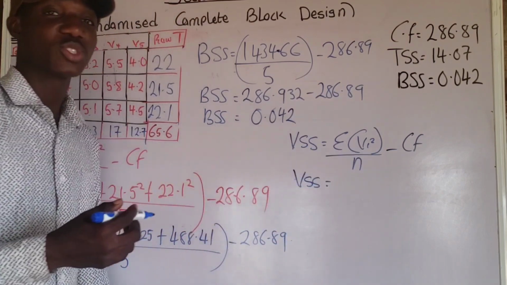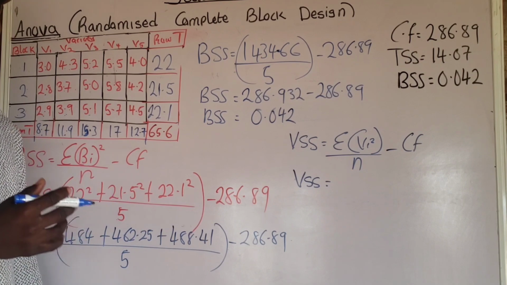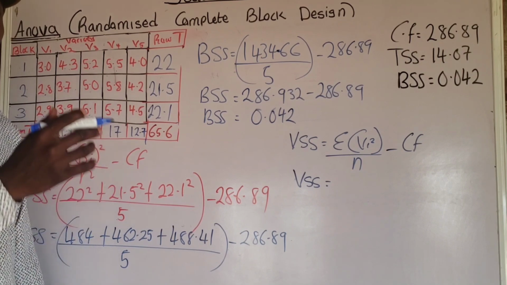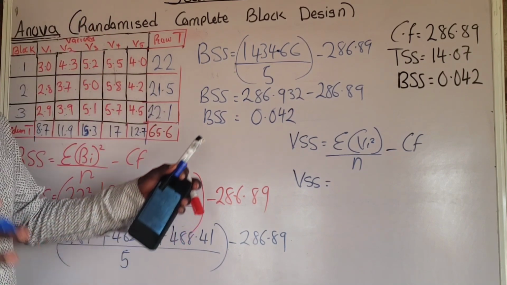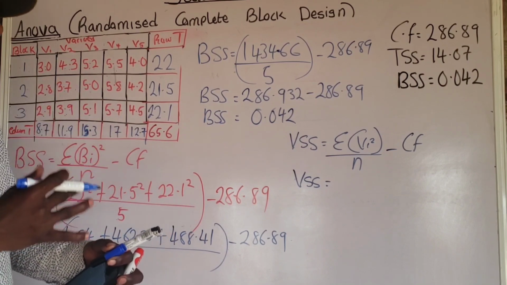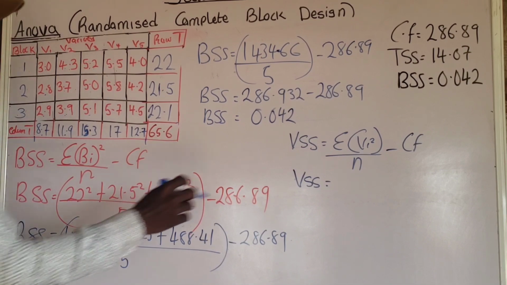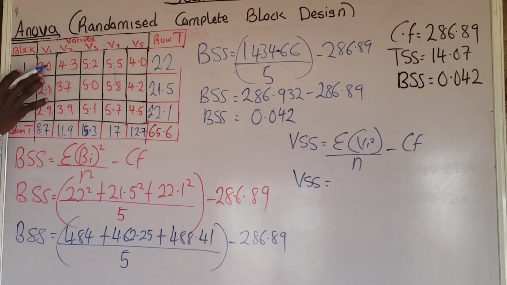The meaning of summation Vi squared is that we take the sum of individual treatments, the sum of each variety, square them, then add them together. We are going to divide it by the number of times each variety repeats itself, and then subtract the correction factor. Listen, summation Vi squared means the sum of all the treatments or all the varieties. The sum of the first variety is what? 8.7.